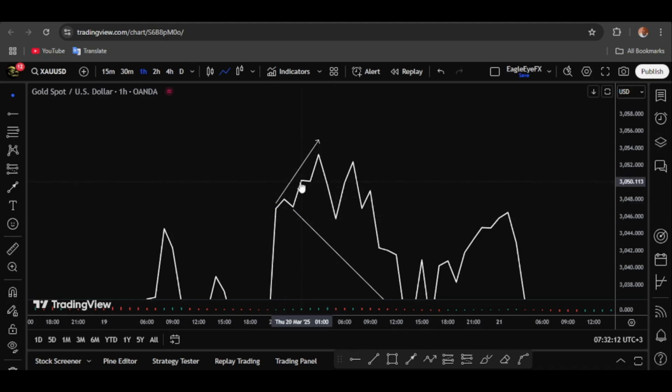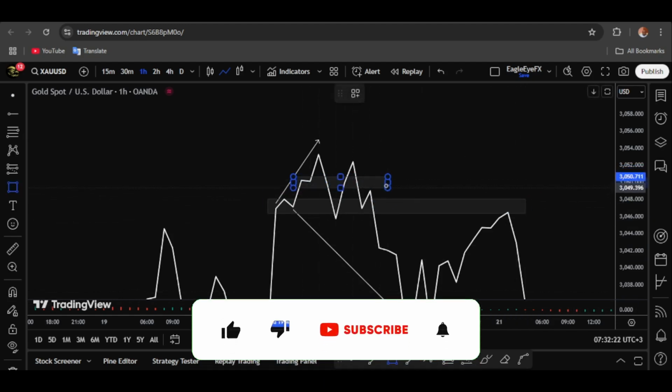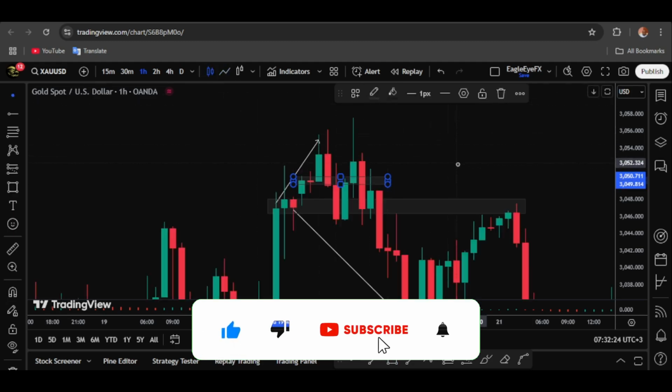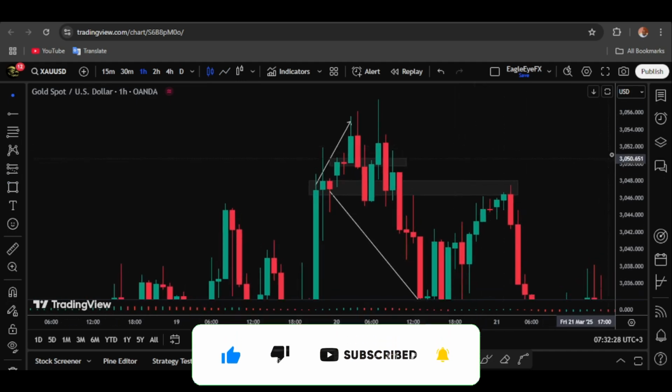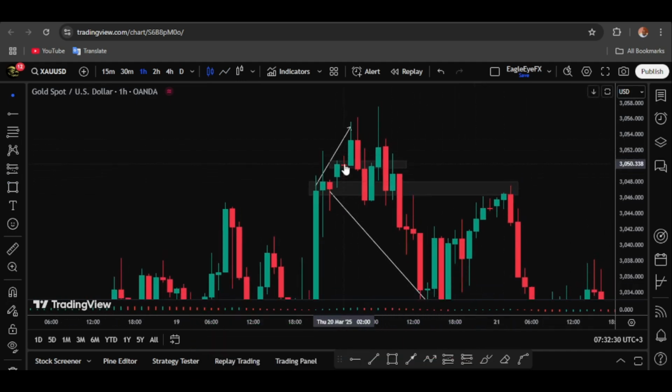Or even here, break of structure, change of character. So there are two levels you could have traded this. This is the first place you could have traded, or even this is another one that you could have traded. Once you return into the candle, you can see this is the break of structure, change of character. The market comes back, right?